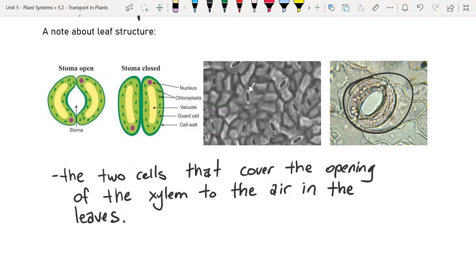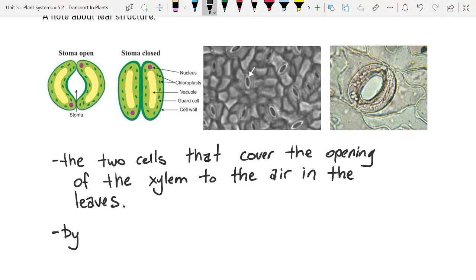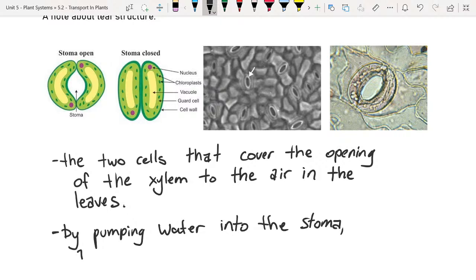That's a real microscope shot. Pretty crazy, right? And by pumping water into the stoma, an opening is created. And water can evaporate more easily.